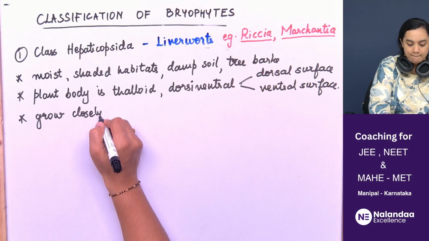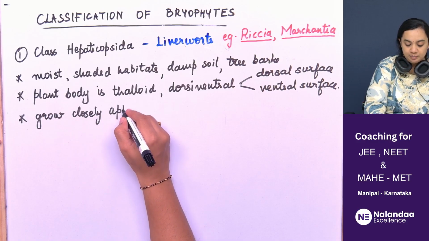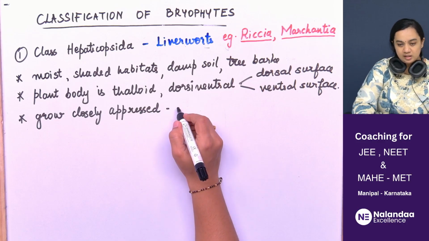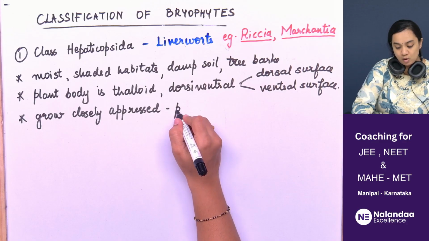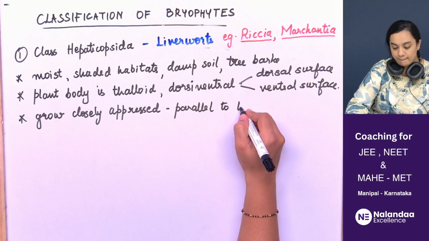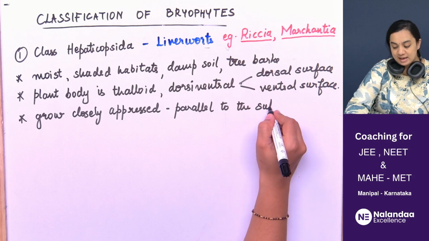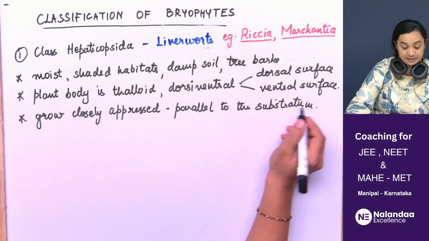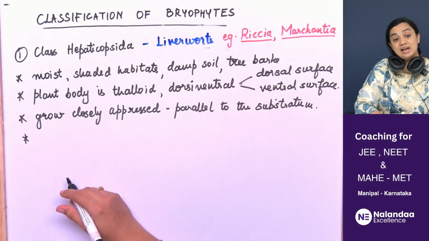What does that mean? They grow closely pressed, meaning they grow very close and parallel to the substratum, and they are anchored to the substratum by means of rhizoids.